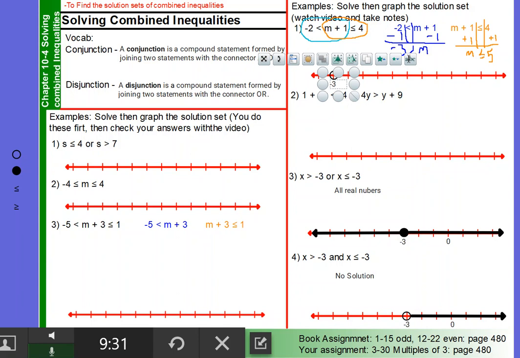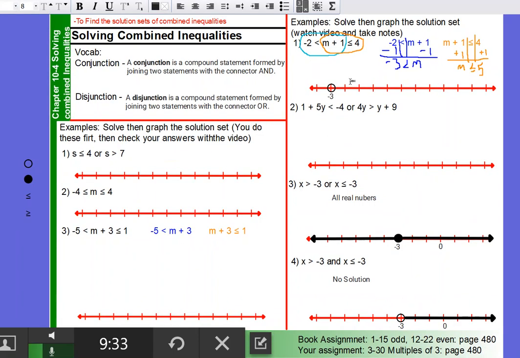All right. And so we need to have this to scale. So -3, -2, -1, 0. So I'm going to label 0, 1, 2, 3, 4, 5. All right, so I've labeled my key points here, so we're good.